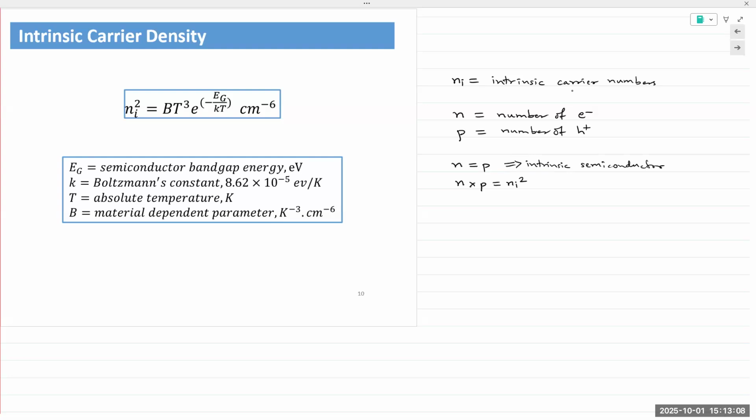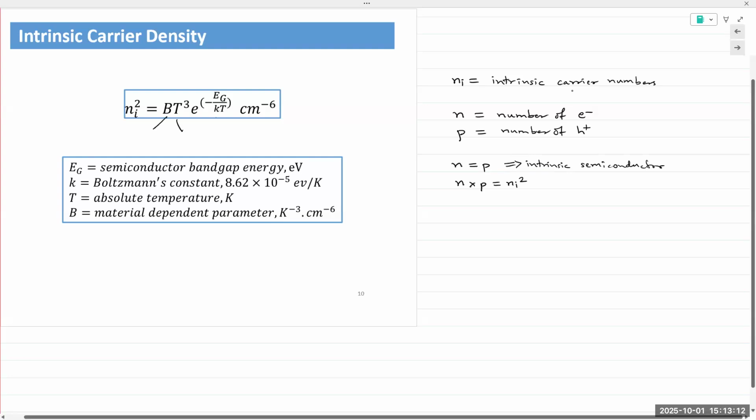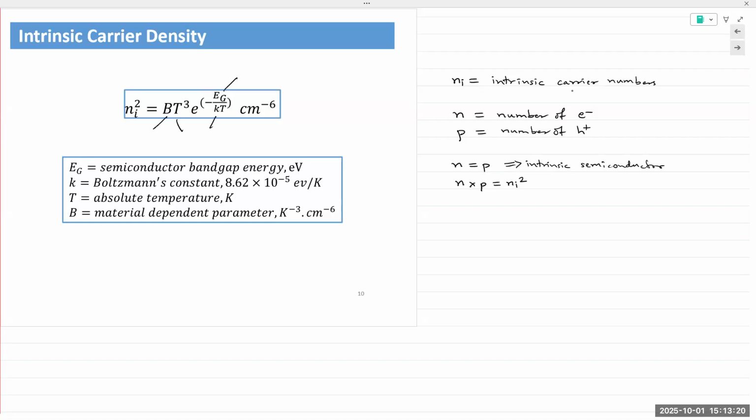All right, so let's take a look at the components of this equation. We have B, T, K, and Eg, four of them. Eg is something we already looked at a few slides ago. That's the energy band gap, or the band gap energy, defined in electron volts. K is the Boltzmann's constant, 8.62 times 10 to the minus 5 electron volts per Kelvin.